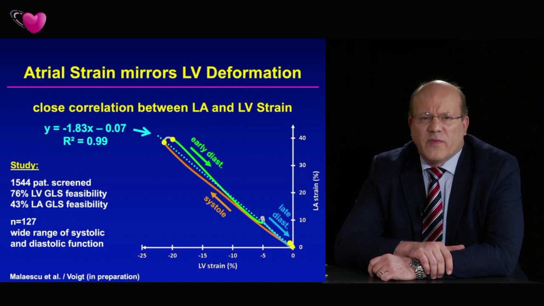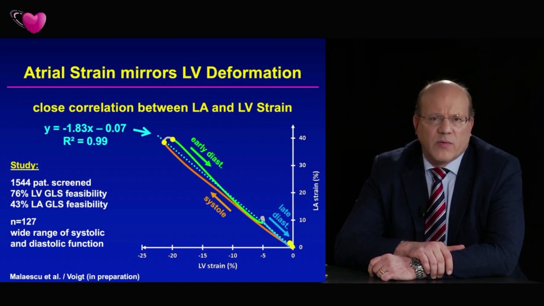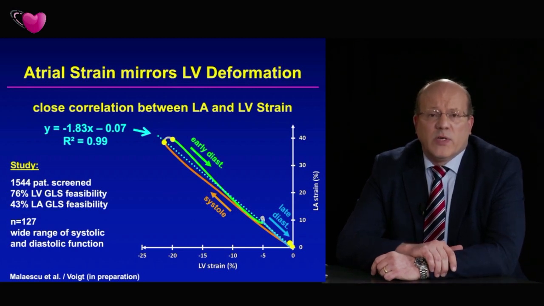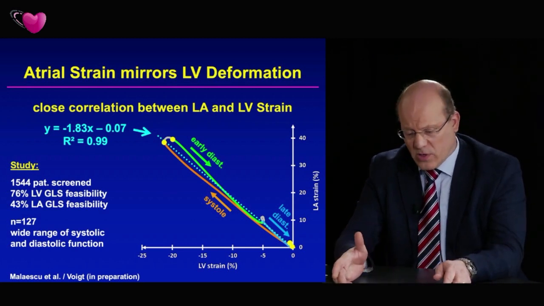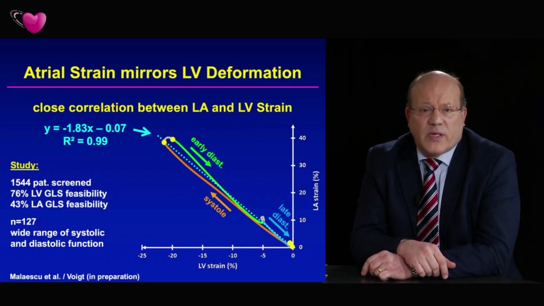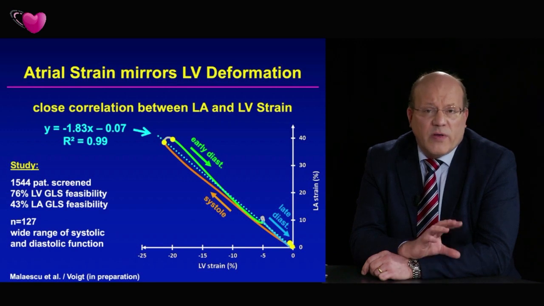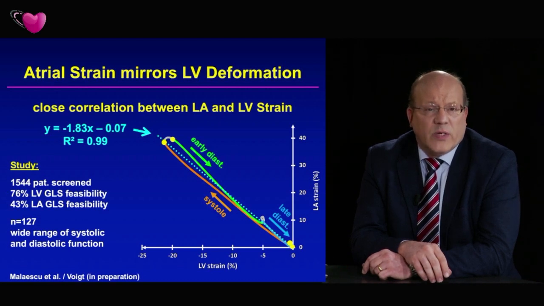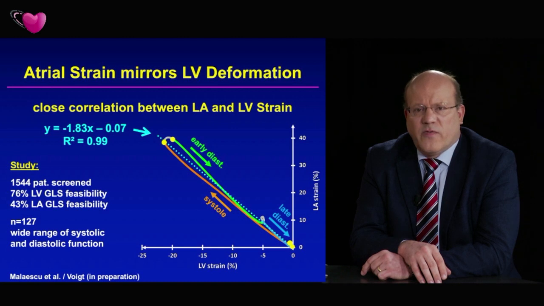But for the left atrial strain, it was much more difficult to find images that were good enough. In the end, by excluding all the patients with exclusion criteria, we ended up with 127 patients, which had very clean images from the ventricle and the atrium, had no valve dysfunction, and had a wide range of systolic and diastolic function.